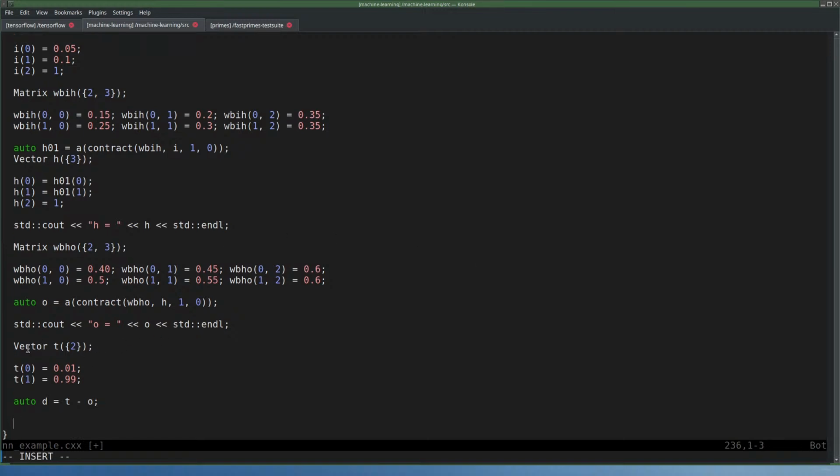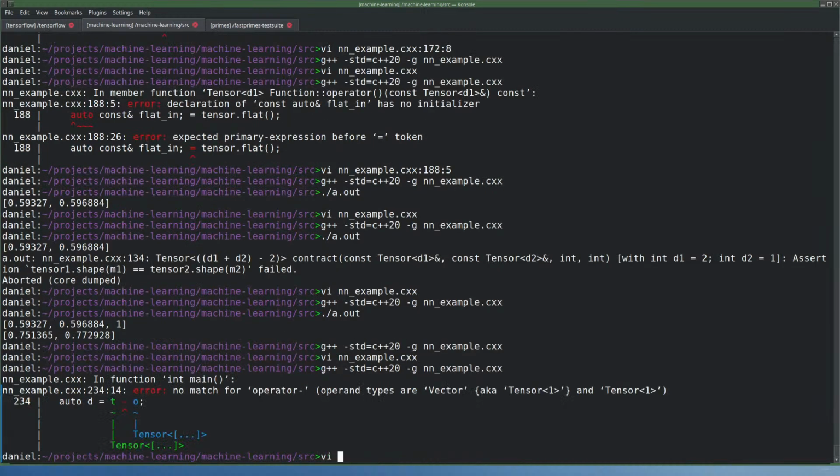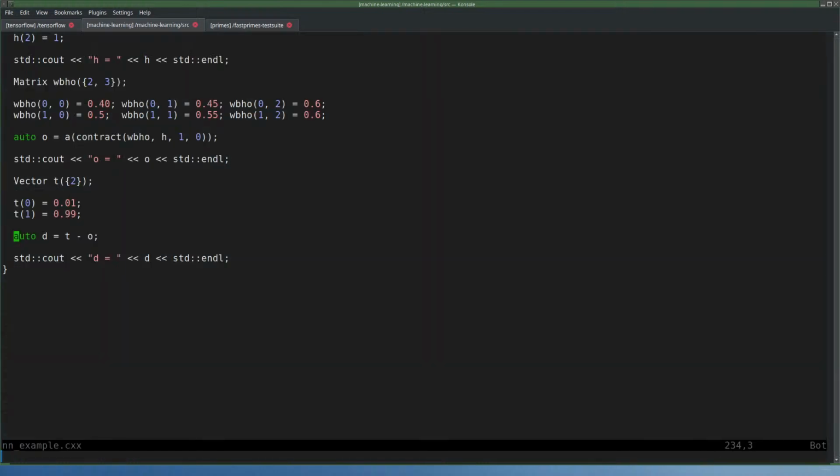I think you cannot subtract two tensors. Oh, that's right. I have to implement that.